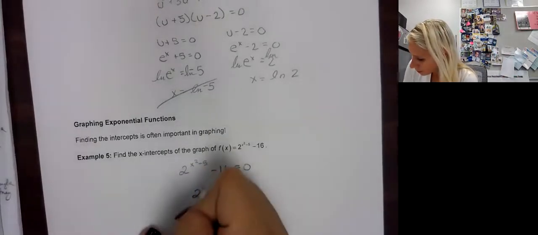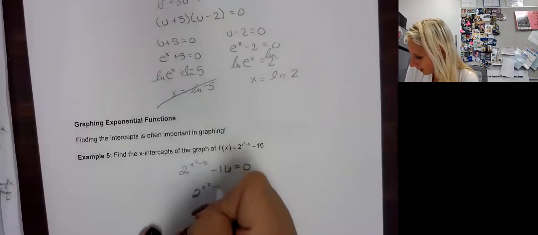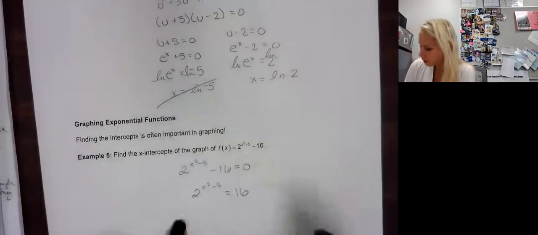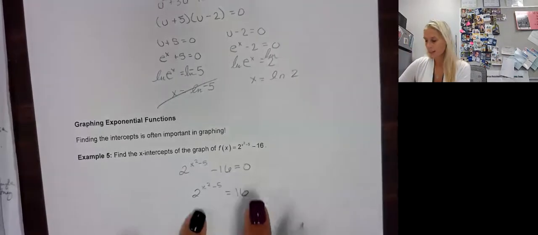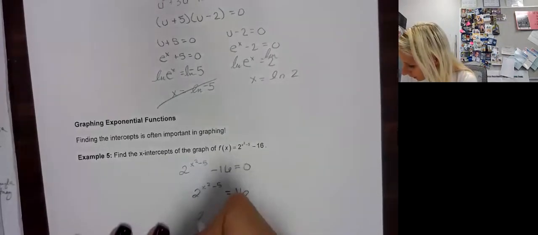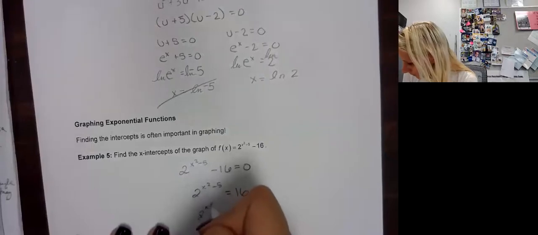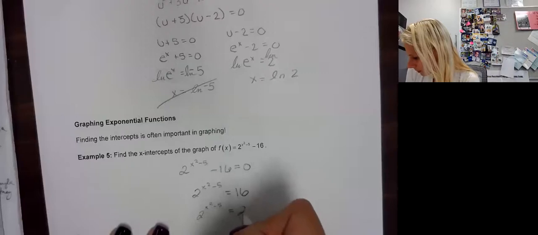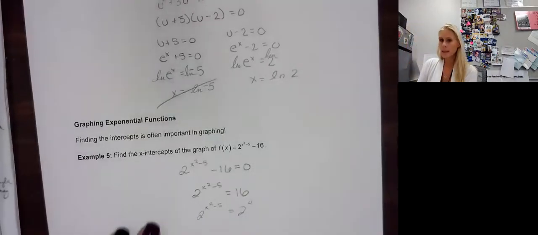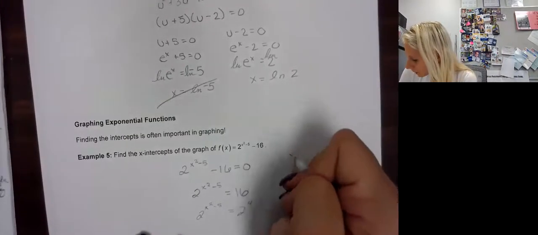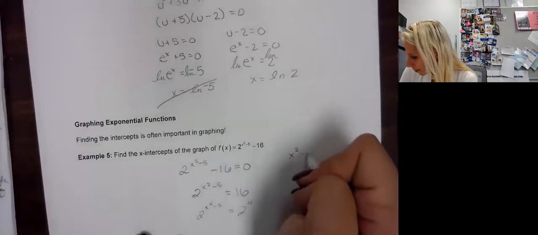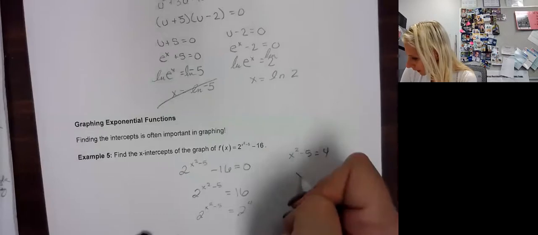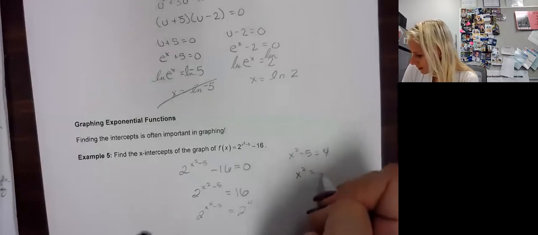So 2 to the x squared minus 5 equals 16. Well, we can change the bases. Recognize that 16 is 2 to the 4th. This time we don't need to make it negative because it wasn't a fraction. Same bases means we can focus on the exponent. So x squared minus 5 equals 4. And solve. X squared equals 9.